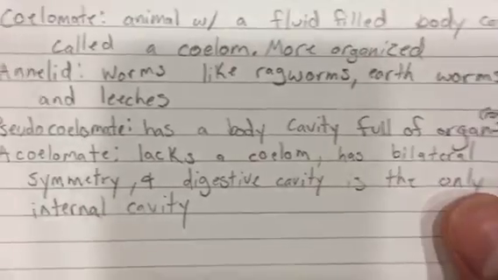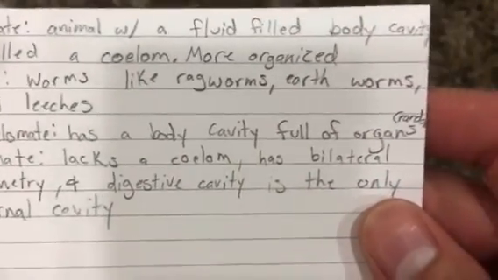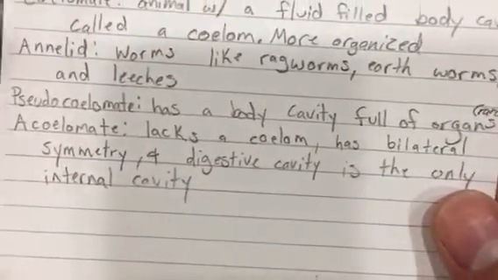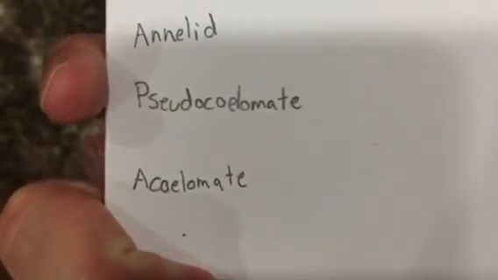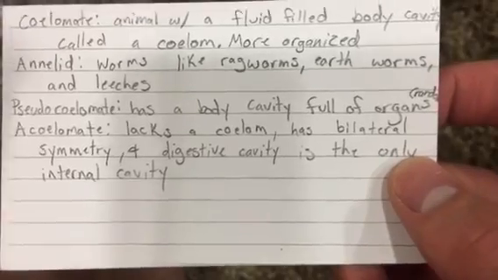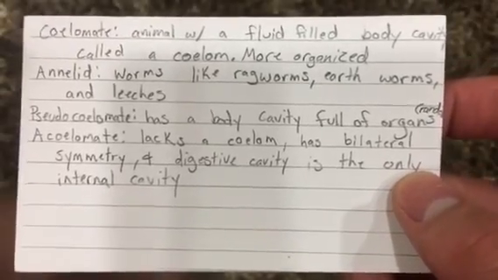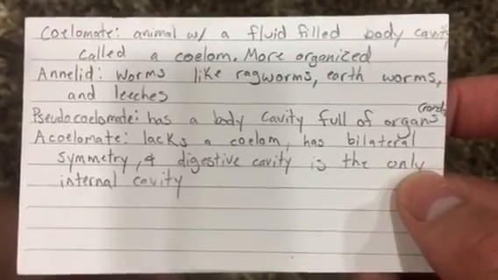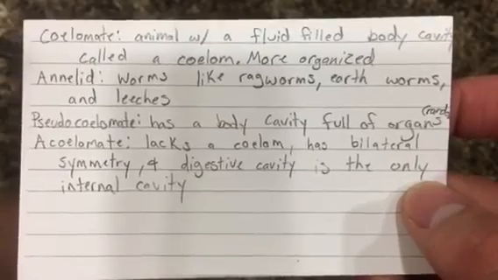Pseudocoelomate has a body cavity full of organs. Acoelomate lacks a coelom, has bilateral symmetry and a digestive cavity, and the digestive cavity is the only internal cavity.